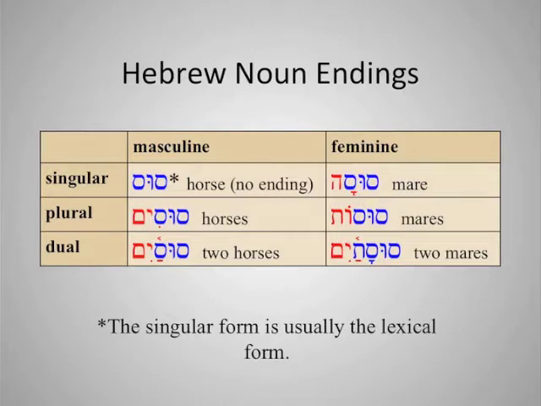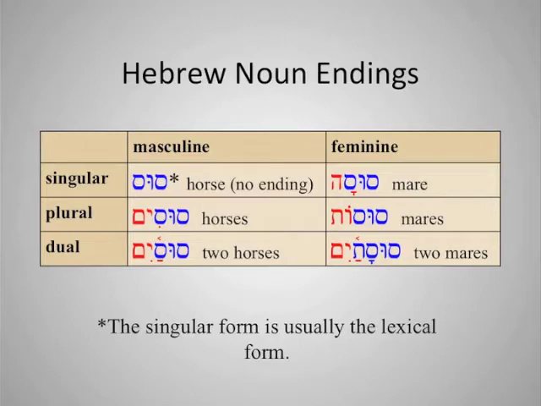The qamets he essentially means we have a feminine singular noun, and in Hebrew, in this case, it actually turns the meaning of the term from horse to mare. So susa is a female horse, essentially. So the qamets he is an ending for feminine singular nouns.